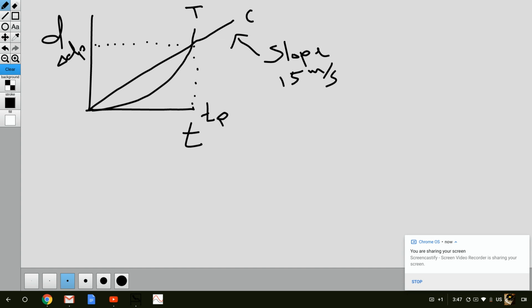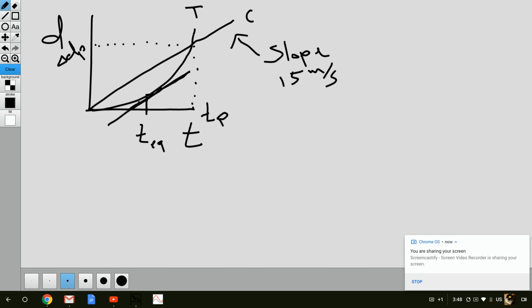And then they probably also want to know, when do they have equal velocity? Well, we calculated, according to the math, it's about halfway. So it's going to be right in here somewhere. But how do we do that graphically? What we do graphically is we look and see where the slope of the tangent is equal to the slope of that line. So it's going to be, again, right about the same place, and we will call this TEQ for equal velocity.